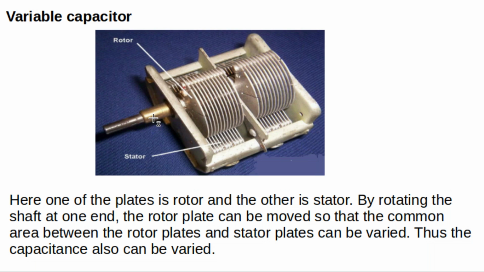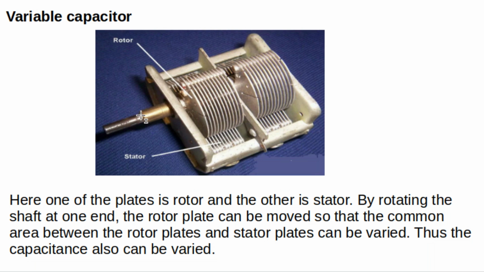And when we rotate the shaft, these plates will also rotate. So they are called rotors. And you can see fixed plates here, called the stator. It also contains several plates, but all are connected together to form the second plate of the capacitor. So the rotor acts as one plate of the capacitor and the stator acts as the other plate.